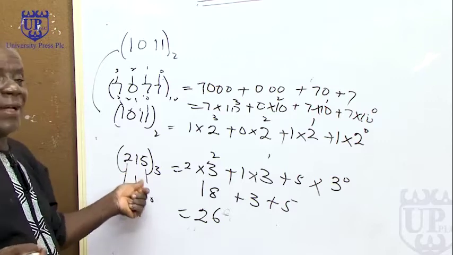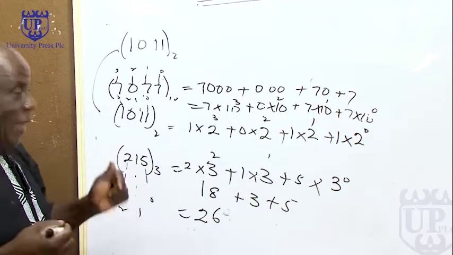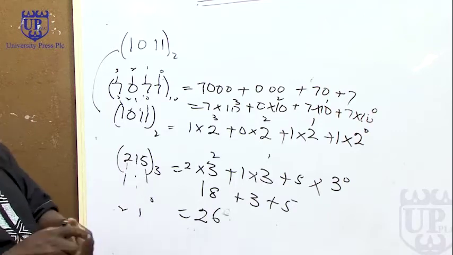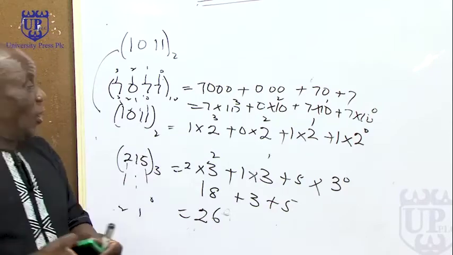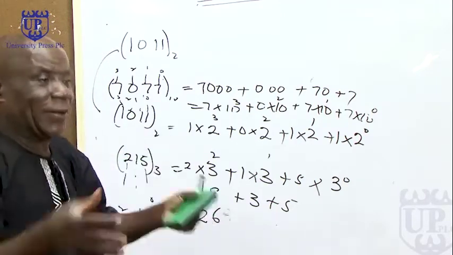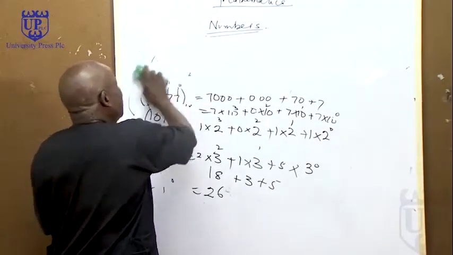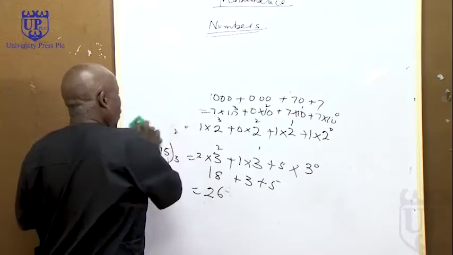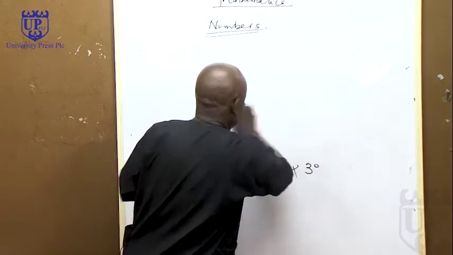This one is not 215 but 215 in base 3. They are not the same. Now that is on expansion. We call it expansion or convert to decimal scale. Now let's look at simple basic operations on different bases.